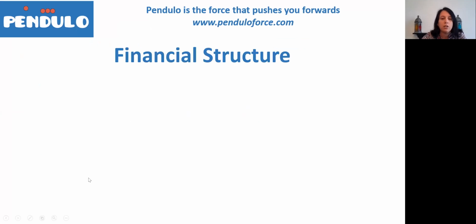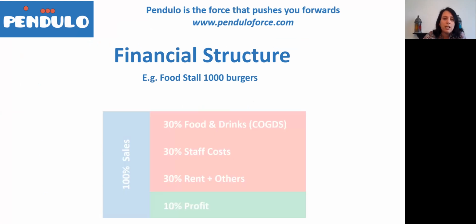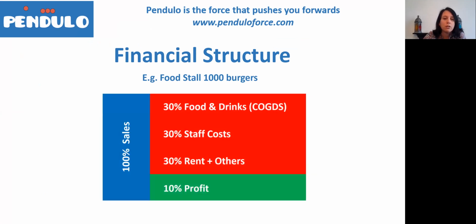And so we said, let's have the example of a food stall, and we sell 1,000 burgers. Today we're going to focus on the cost of goods, and we are going to calculate the costing of a dish, and also the gross profit margin, or as it's mainly known, the GP.